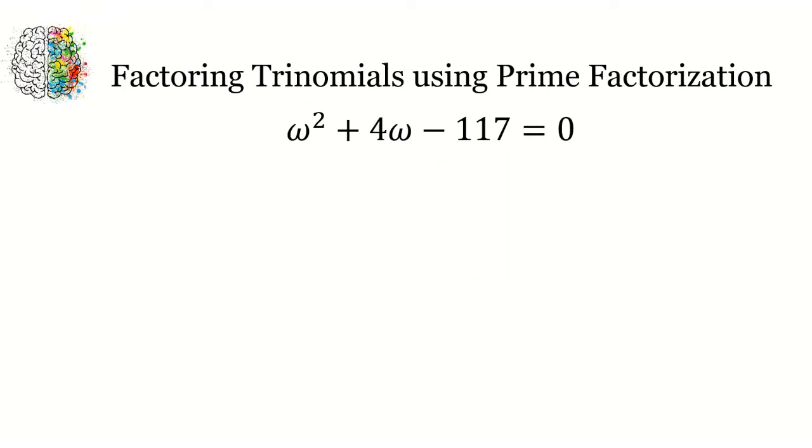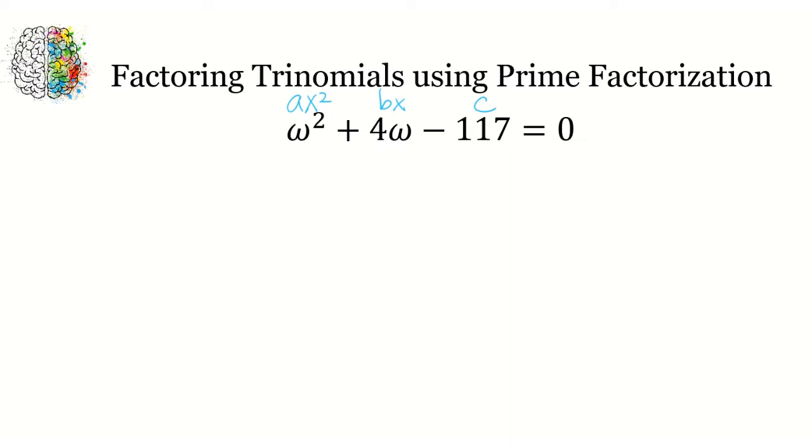In my first example, I have w squared plus 4w minus 117. So let's label everything. This is our ax squared, this is our bx, and this is our c.